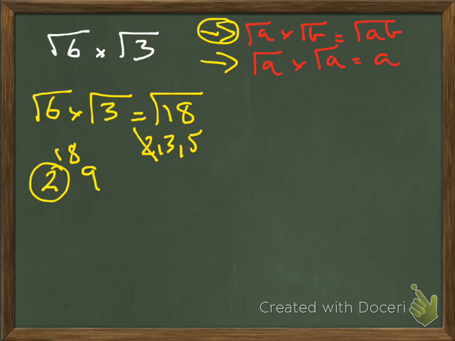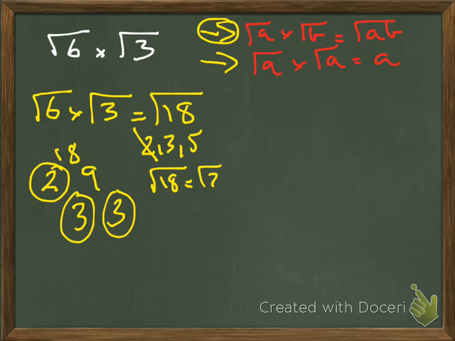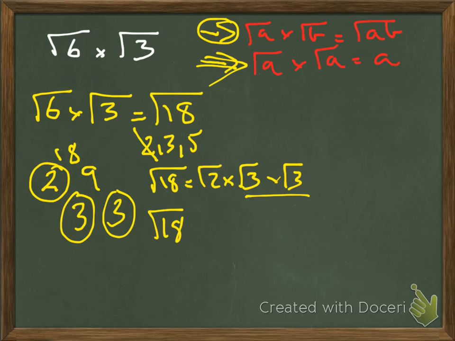No, it doesn't, which leaves me with 3 and 3. So therefore I've got root of 18 equals root 2 times root 3 times root 3. Pairing those two together, just like here, root a times root a equals a, and I've got root 18 equals 3, which comes from here, root 2.